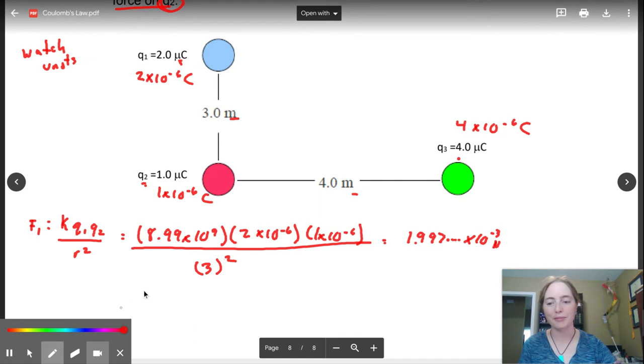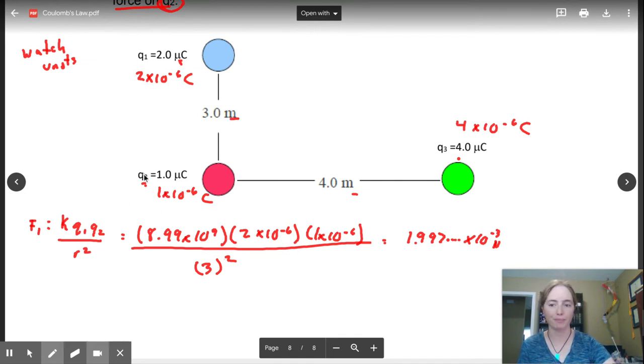Okay, so let's look at this guy. We have 2 positive charges here. Now we are thinking from the perspective of Q2, this pink Q here. Because we're thinking from the perspective of Q2, what is Q1 going to do to Q2?